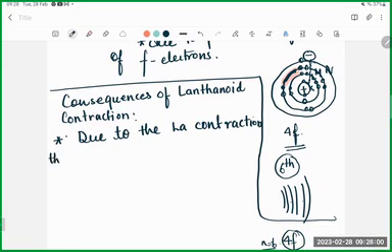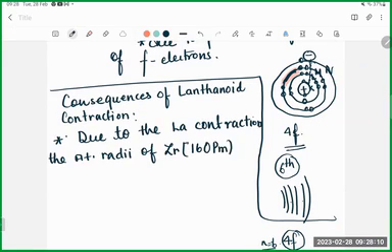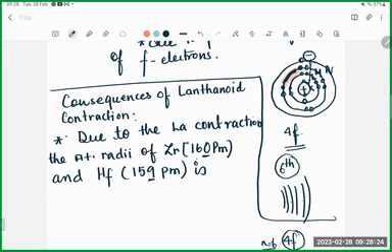the atomic radius of zirconium, Zr, is 160 picometer, and hafnium, Hf, possesses 159 picometer. This is almost the same, only one digit of difference.